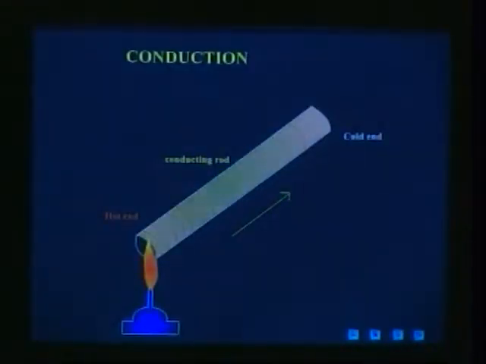See, in conduction, when one end of a metallic rod is heated, heat is transferred from one end to the other end in the direction of fall of temperature without the actual motion of the particles of the medium.